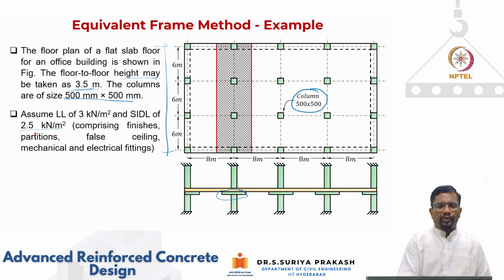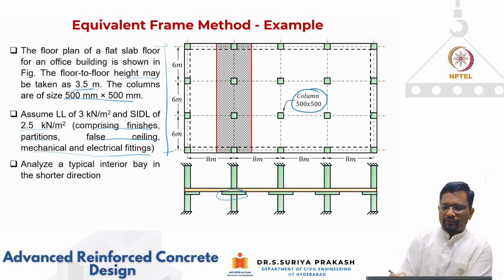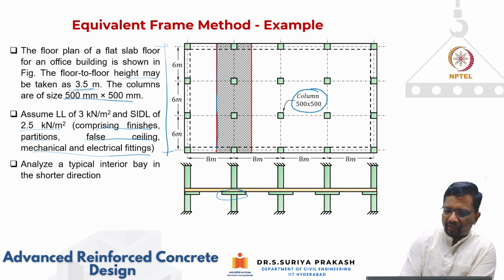The superimposed dead load you can see is slightly on the higher side. Why? Because we're including finishes, partitions, false ceiling, mechanical and electrical. All of them are included together, right? And we are going to analyze one typical interior bay in the shorter direction. That is what is highlighted here. This particular frame is what we are going to analyze.